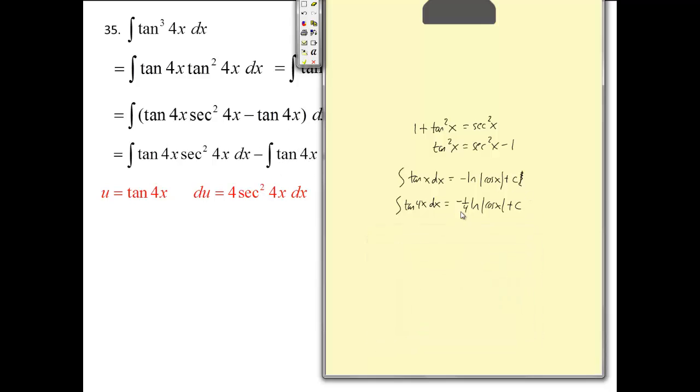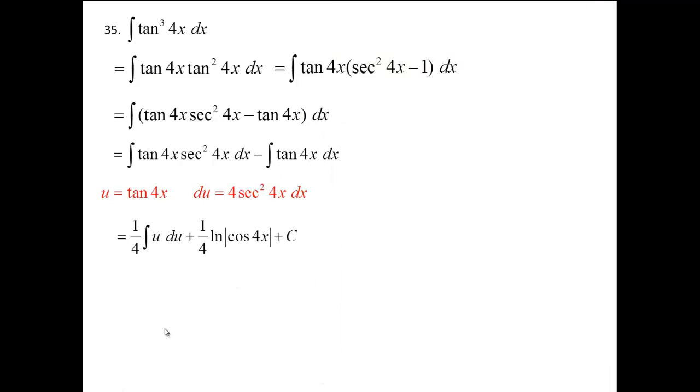Putting it in, we should have 1/4 the integral of u du. That's our first integral after the u sub. And then minus that negative 1/4 makes it plus 1/4 natural log absolute value of cosine 4x plus c.